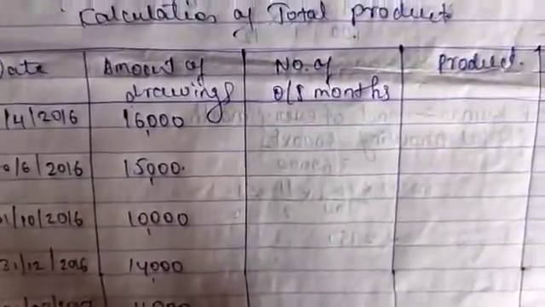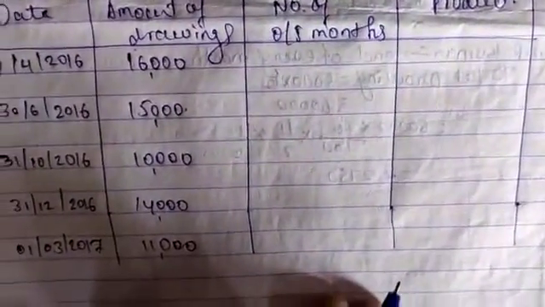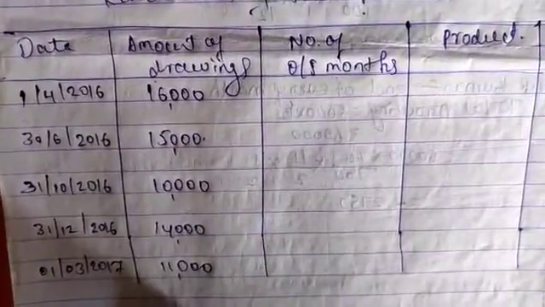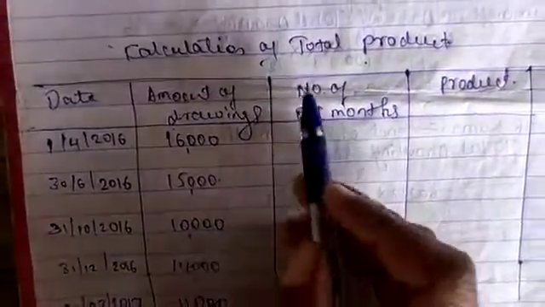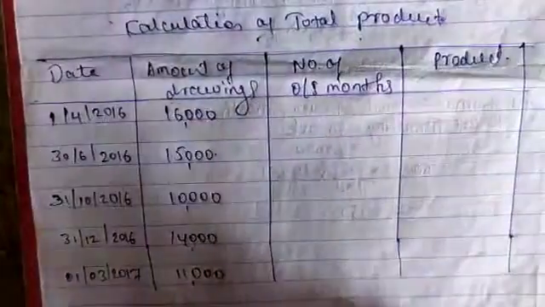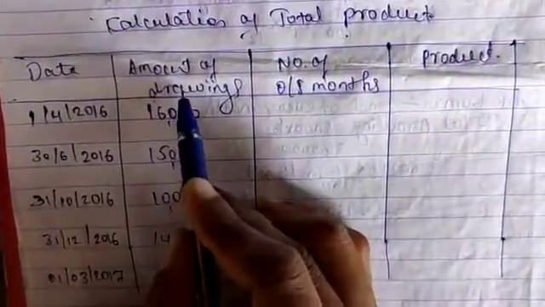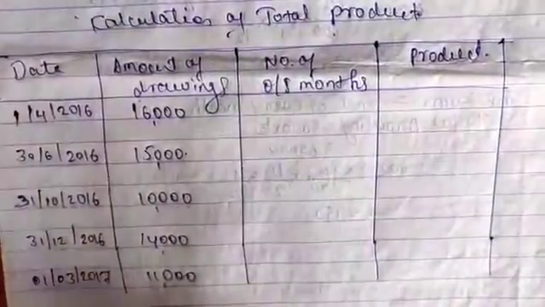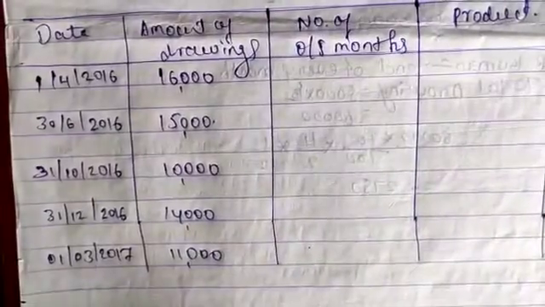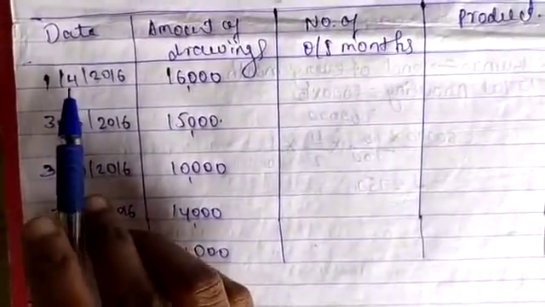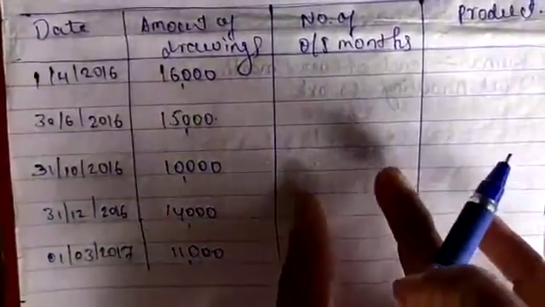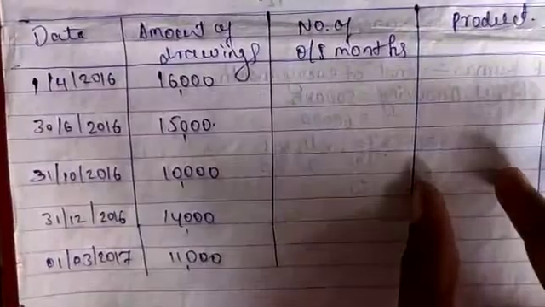Now the next step to calculate the interest on drawings is to find out the total product. The calculation of total product table is here: date column, amount of drawing column, number of outstanding months and product. In this table I have given the dates and amounts of drawings from the problem. Two columns we have to find out here.